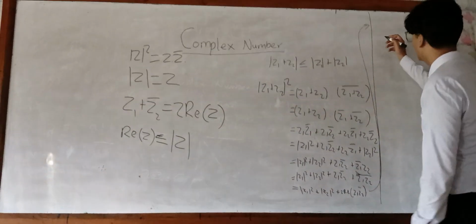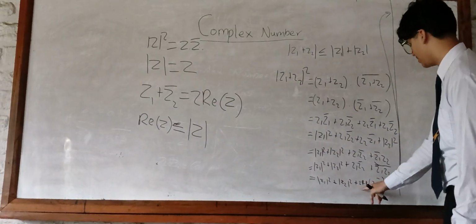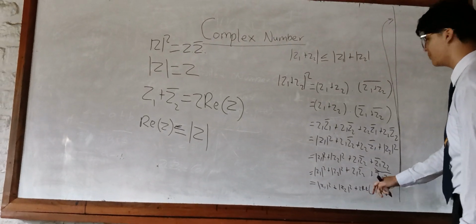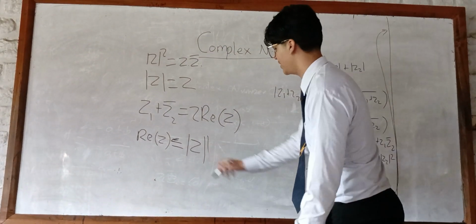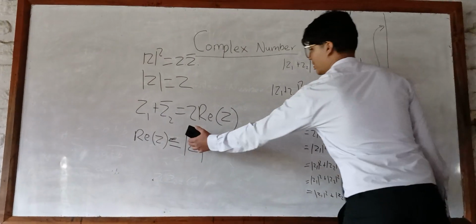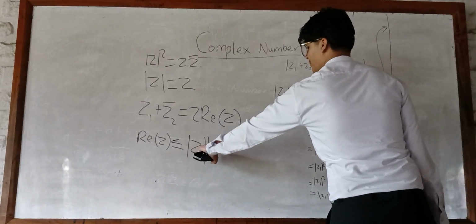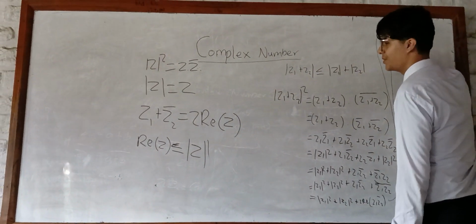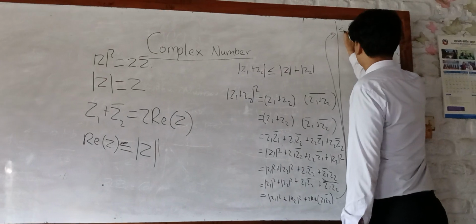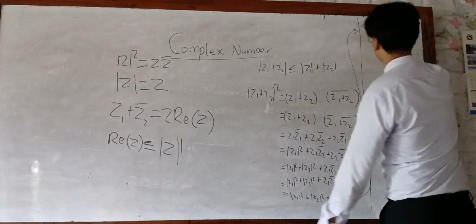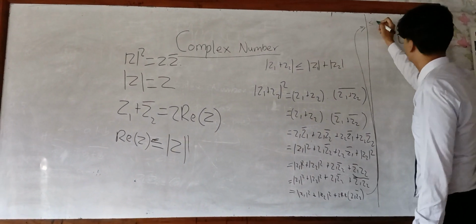From this step, now 2 RE z1 z2 bar, we can use this property. Now the equals changes into smaller than or equals to.